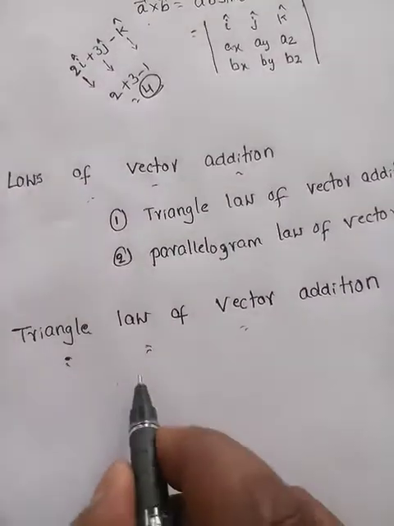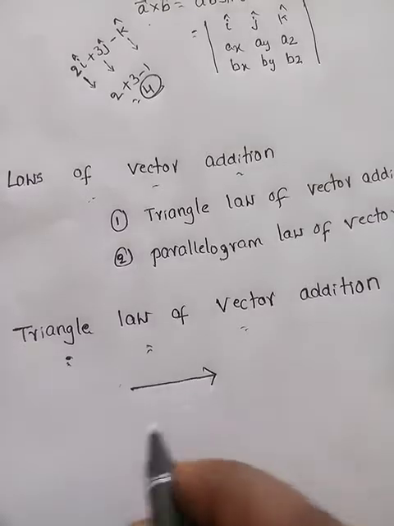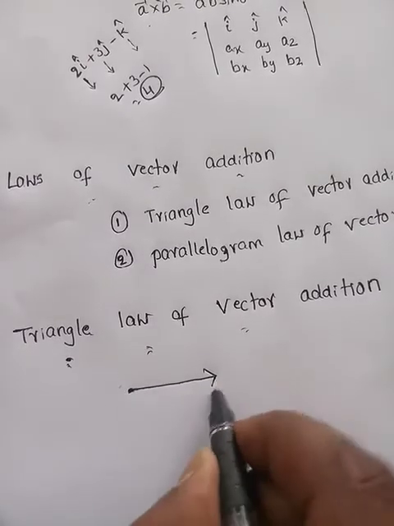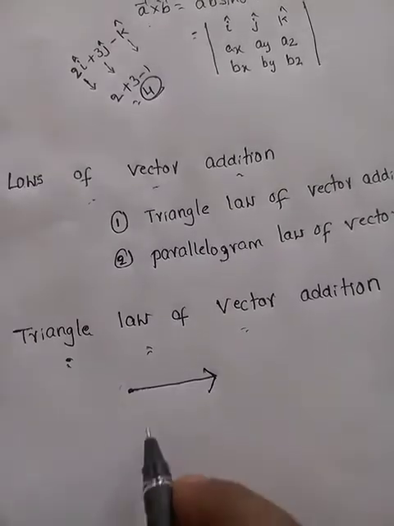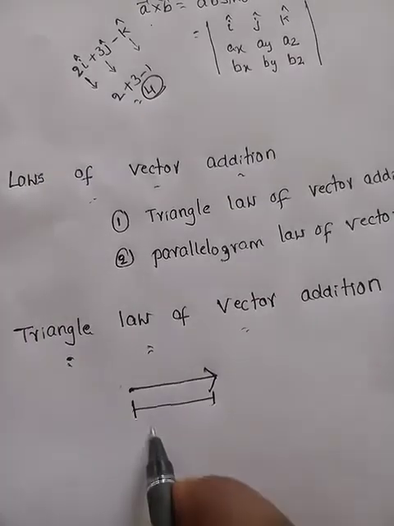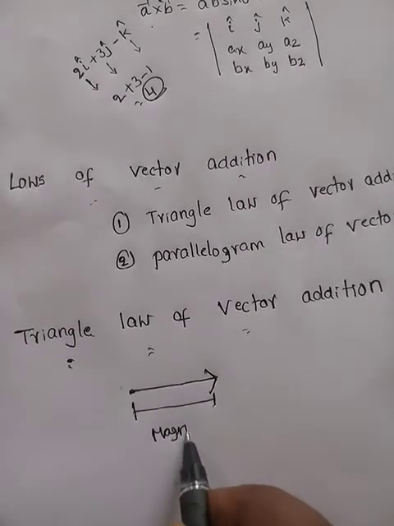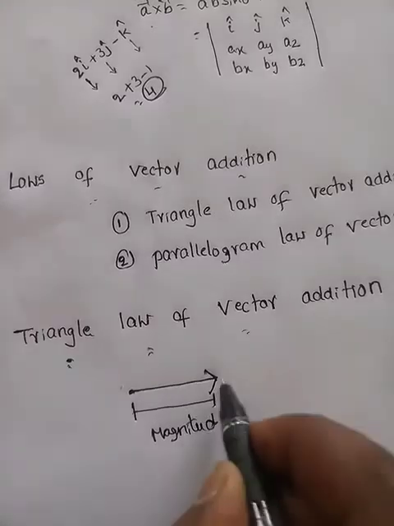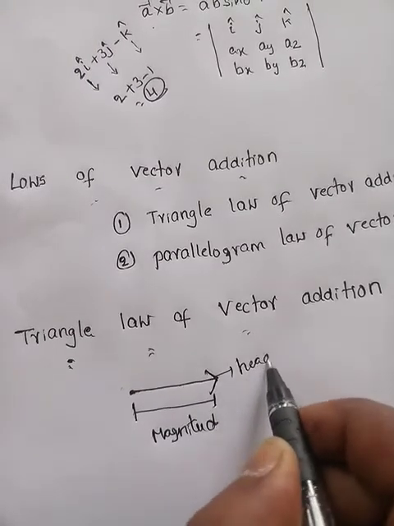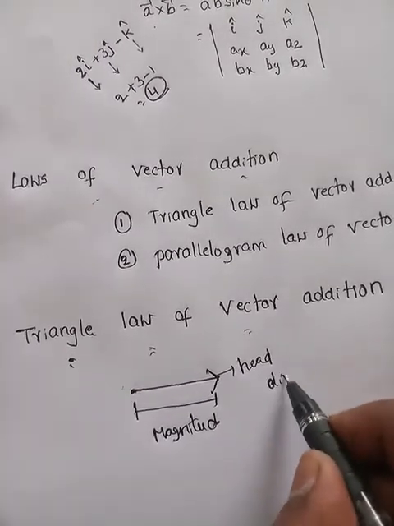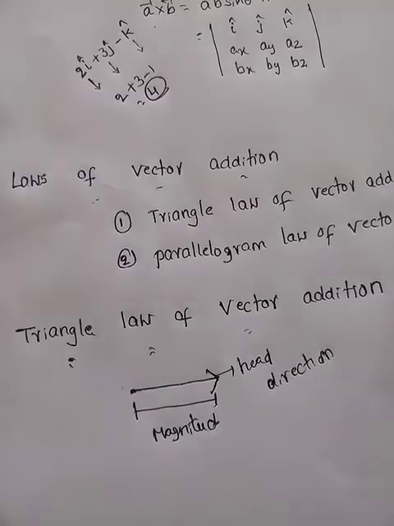As we know, a vector is represented by an arrow mark. So, this head gives direction, the length of this arrow gives what? Magnitude of the vector, and the head gives the direction of the resultant vector.